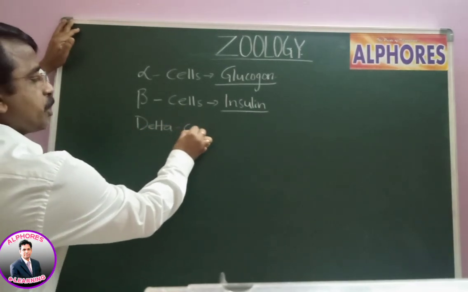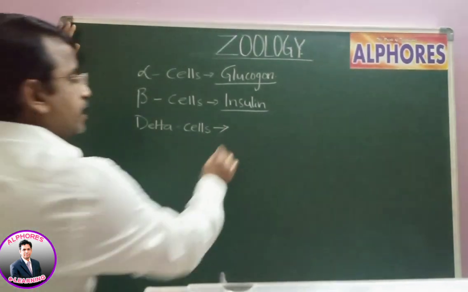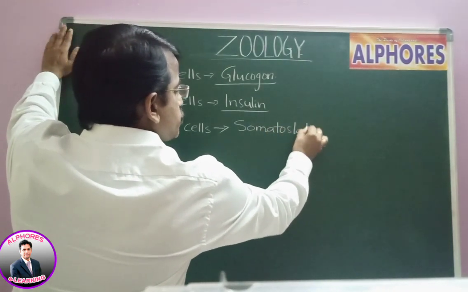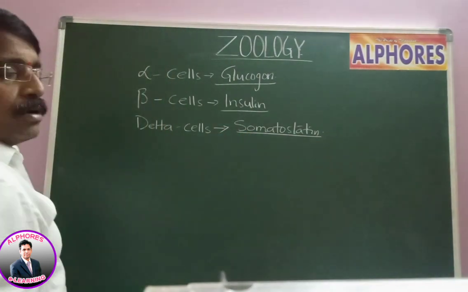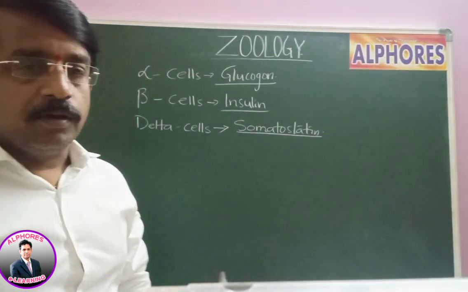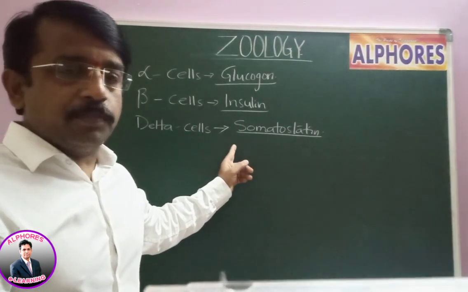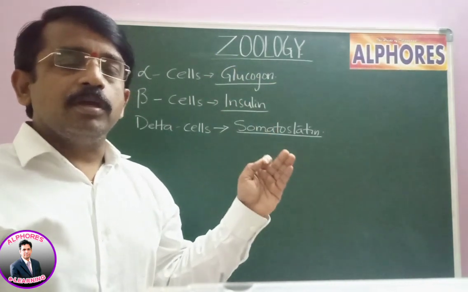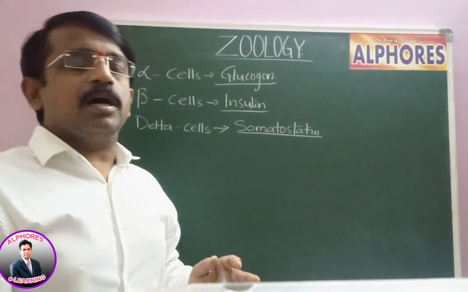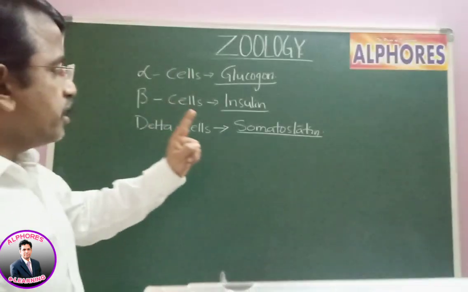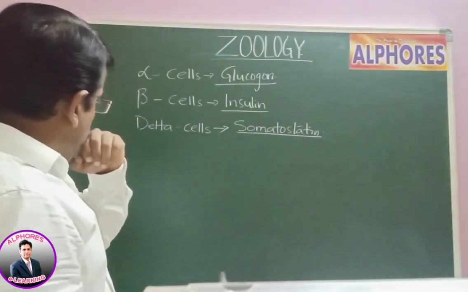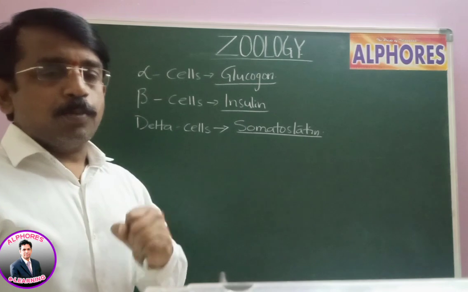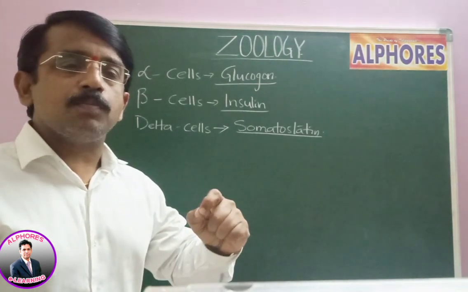The third one we discussed is the delta cells, which secrete somatostatin. Somatostatin is also secreted by two other sources: the endocrine cells of the stomach and intestine, and the hypothalamus, where it is the growth hormone inhibitory hormone.